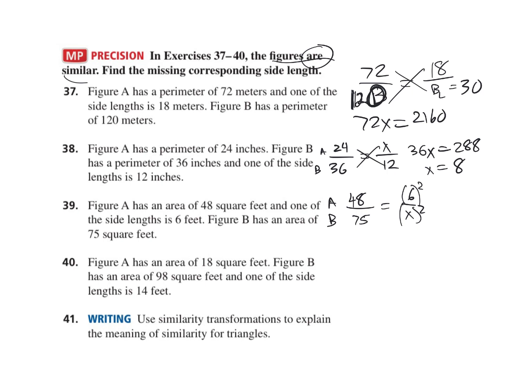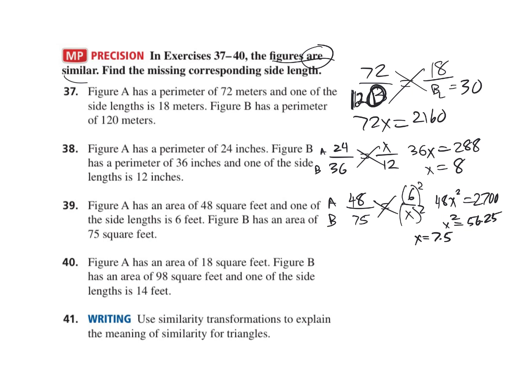And of course, that gives us 48x squared equal to 6 squared, which is 36, times 75, which is going to be 2,700. So divide that by 48, and you get x squared equals 56.25. And now we take the square root of 56.25, and that gives us 7.5.